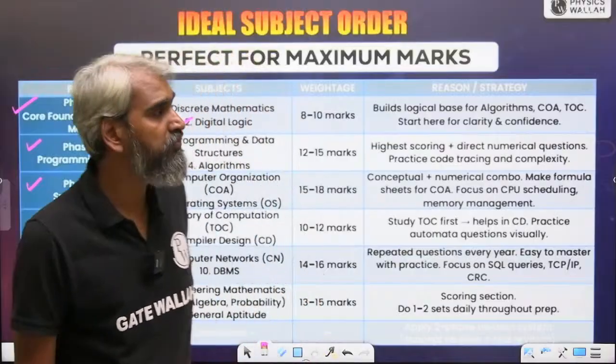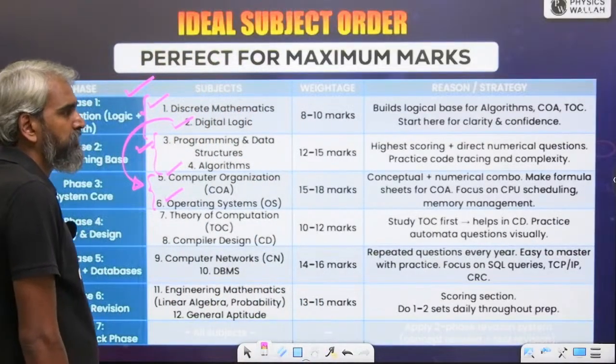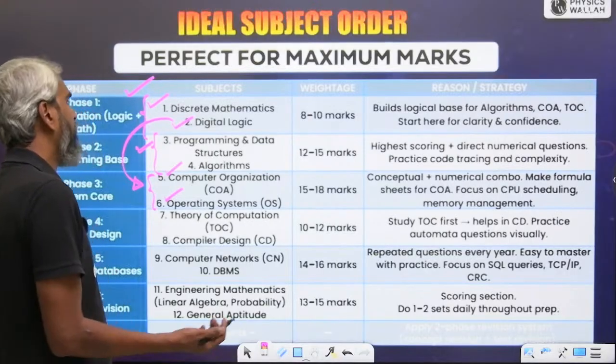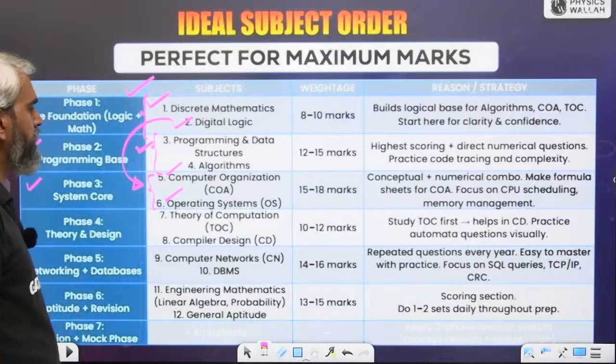So all that will amount for 13 marks and 15 marks for aptitude. So yeah, 28 marks are fixed for engineering mathematics plus discrete mathematics and aptitude.